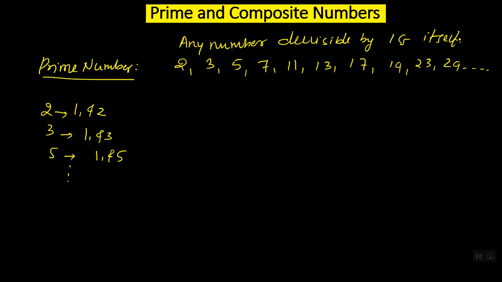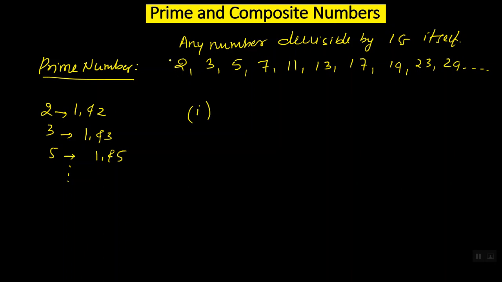Now, if you look at this pattern, you need to conclude some very important points. The first thing is what you see in this pattern. Pause the video, observe carefully and check it.